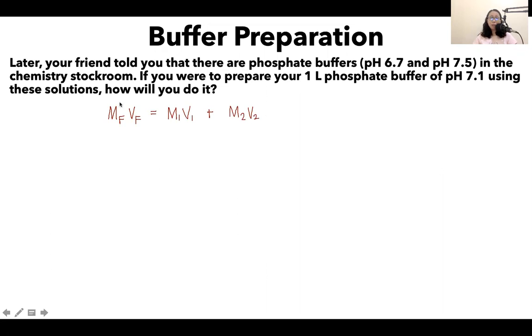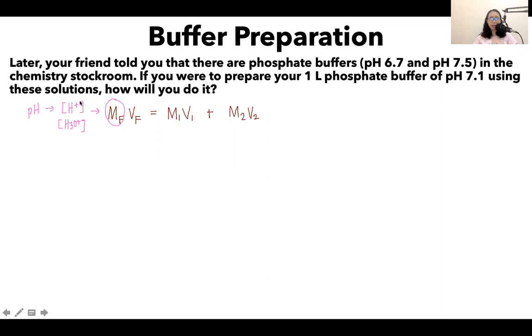You have to remember that the molarity that we are talking about here is the molarity of our hydrogen ions or hydronium ions. Since we are given the pH values, you can get your concentration of hydrogen ions from the given pH.